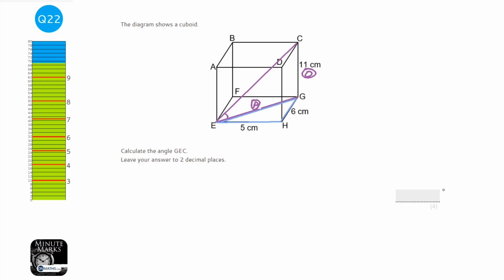We've got the 5 and the 6, and we're looking for the third. And because it's a cuboid, we know that that's a right angle there. So the first thing I would do to start this question off is just copy down the triangle that we've got at the bottom.